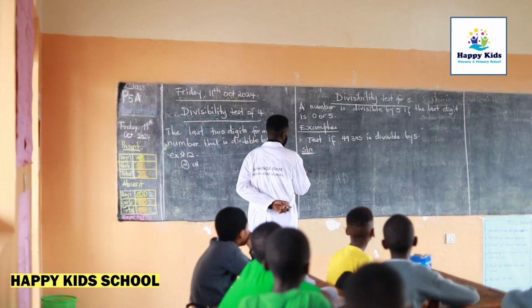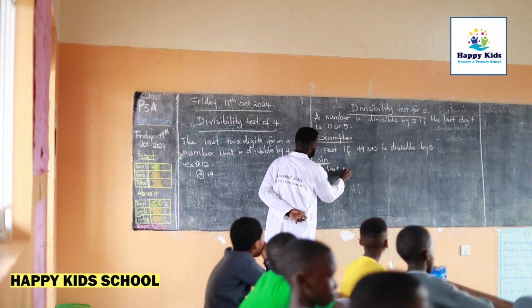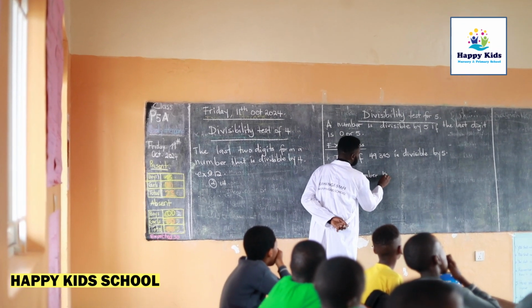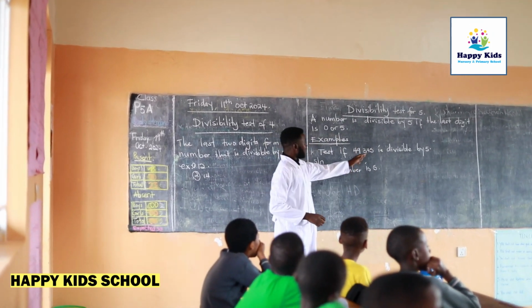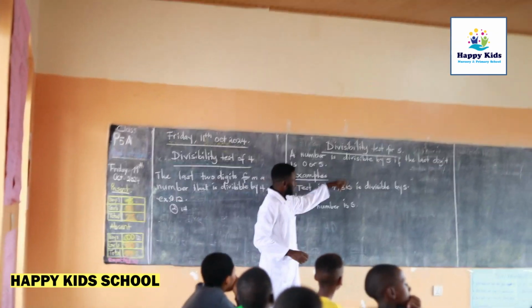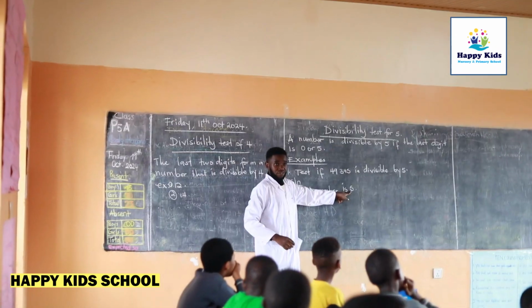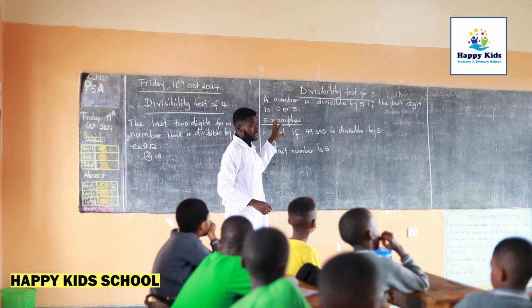We have to first say that the last number is 5. And we have said that if the last digit of the number is 5, that number is exactly divisible by 5.